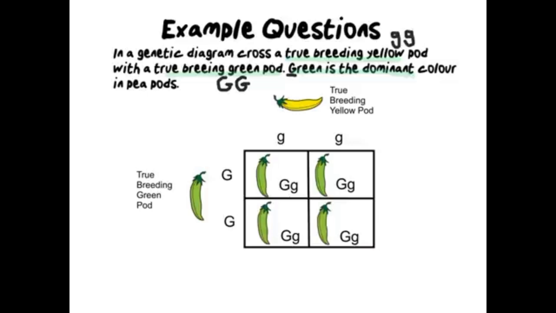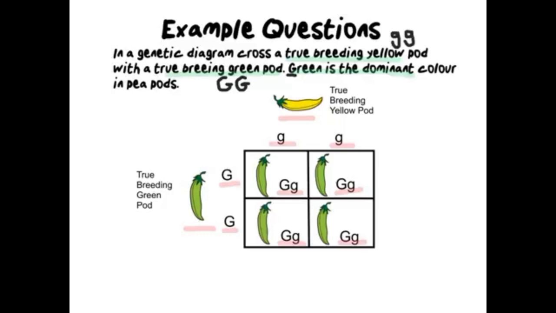And you will notice that when we take our true bred green pod with our true bred yellow pod, there are our two recessive alleles for the yellow and two dominant for the green. And when you multiply it into the Punnett square, you will notice they all come out as being heterozygous. And all these green pods are a mixture of the two parents.